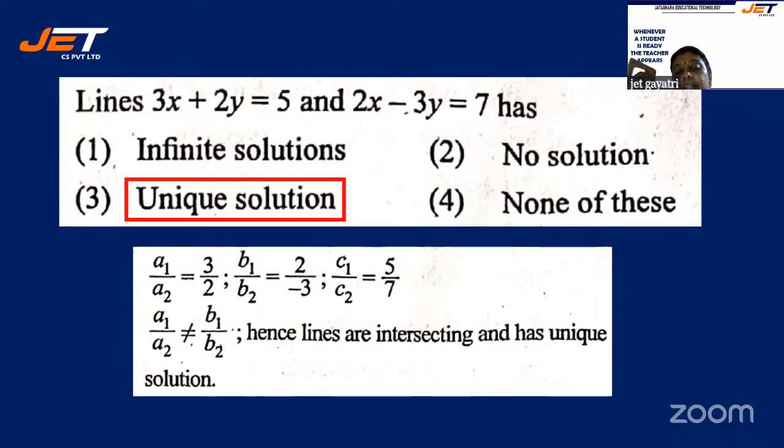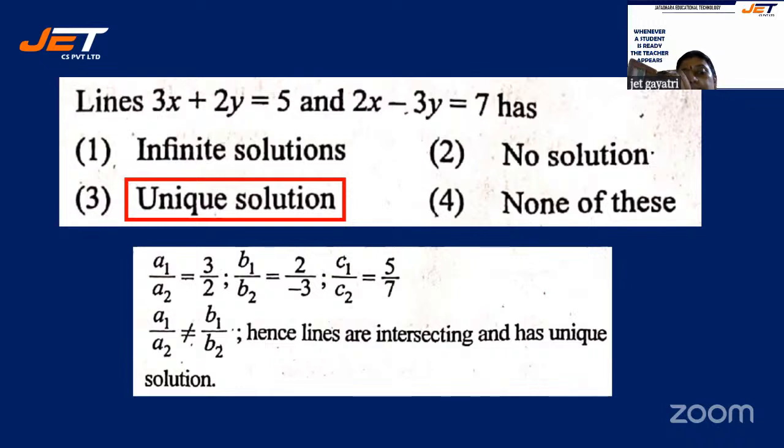So now let us get the coefficients. For x, a1 is 3 and a2 is 2. For y, b1 is 2 and b2 is minus 3. c1, c2 is of course 5 by 7. All right.